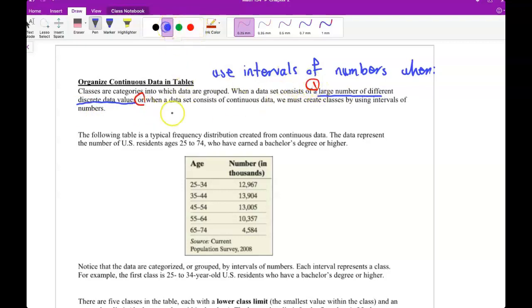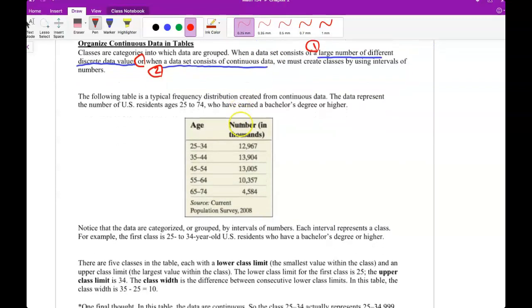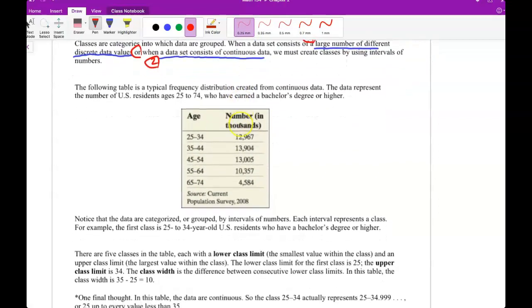Or when a data set consists of continuous data. So these two, having a large number of different discrete data values, or when a data set consists of continuous data. For this kind of data, we should use intervals.